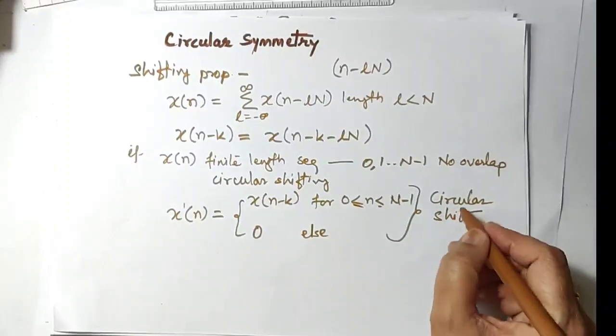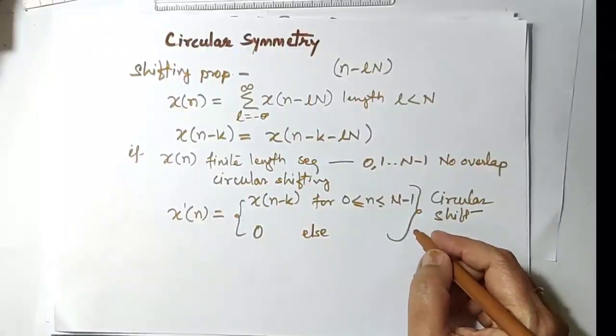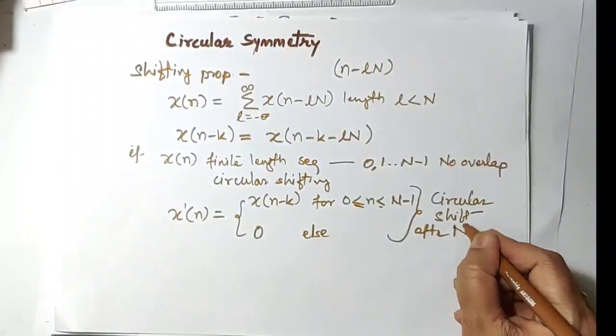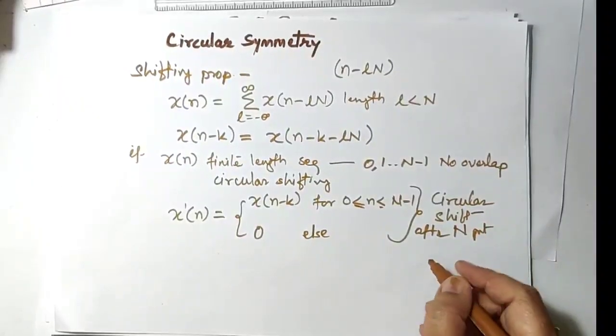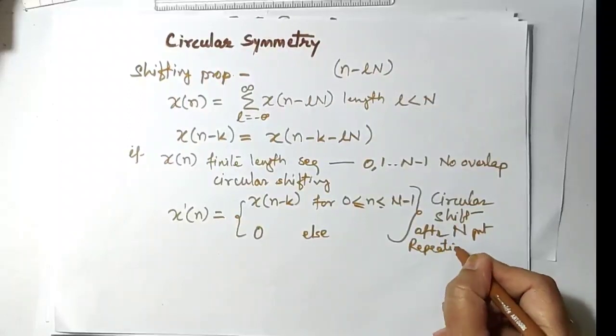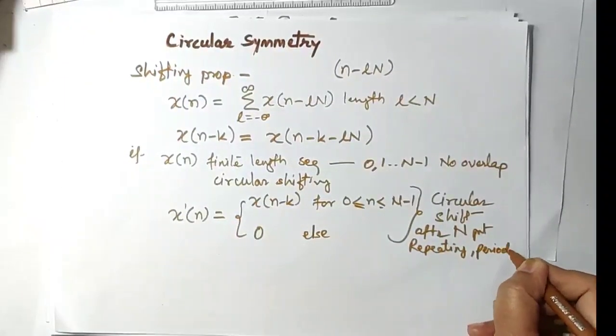What is circular shift? It means repeating after N samples, N points, and it is periodic. Now it is periodic.